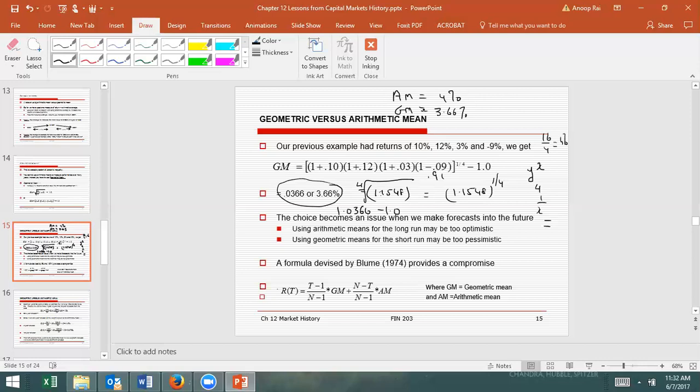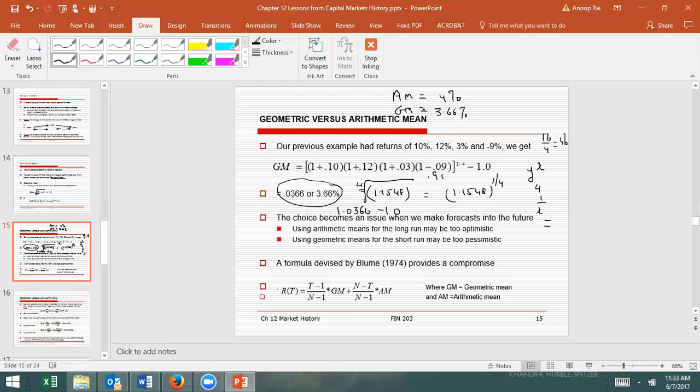It's more important when you come to forecasting the future. Because if you use arithmetic mean to forecast the future, you might end up forecasting a little too much and be too optimistic. But if you're using a forecast for the short term and you use geometric mean, then you might end up being too pessimistic.